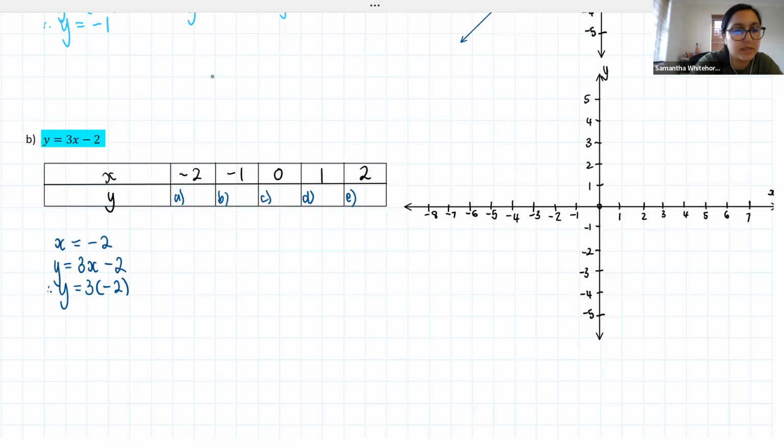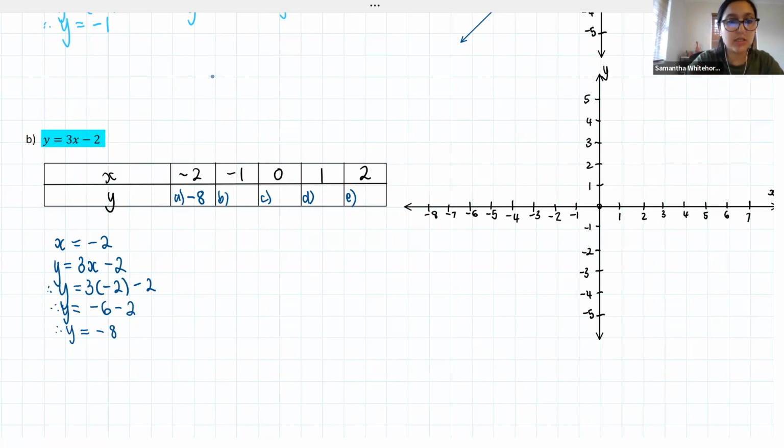So I've got 3 times negative 2 minus 2. Positive 3 times negative 2 is negative 6 minus 2. And then we have to simplify that. So that gives us y is equal to negative 8.